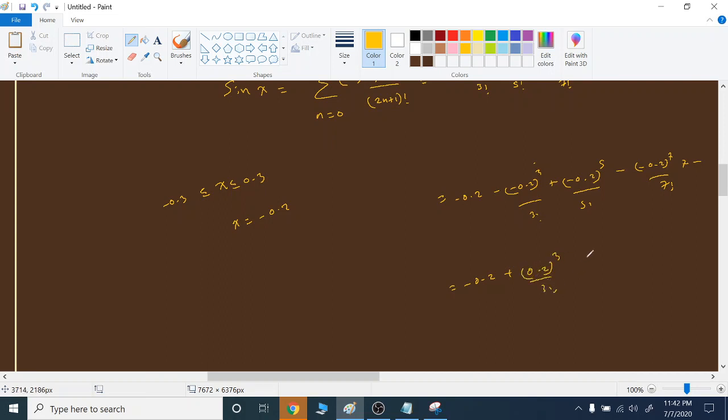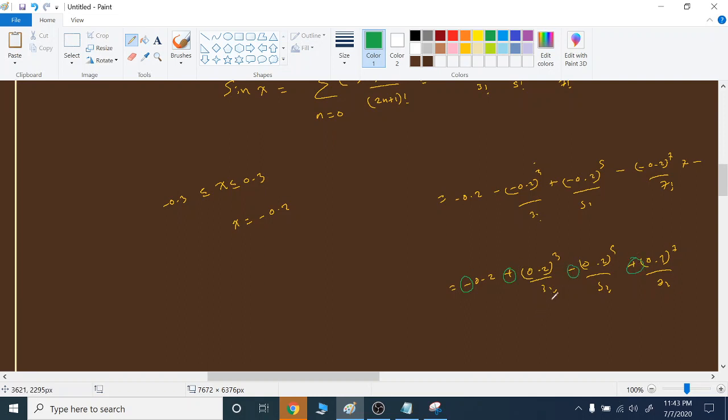3 over 3 factorial, negative 0.2 over 5 factorial, plus 0.2 over 7 factorial. Likewise, you will get an alternating series, right?